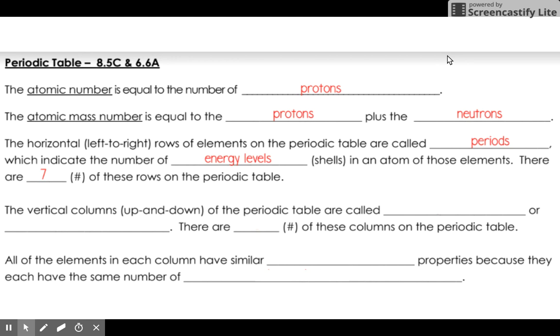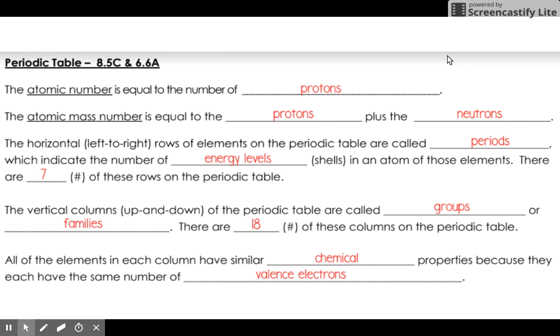The vertical columns, which are up and down, are called groups or families. There are 18 of these columns on the periodic table. All of the elements in each column have similar chemical properties because they each have the same number of valence electrons. And as we learned previously, valence electrons determine reactivity.